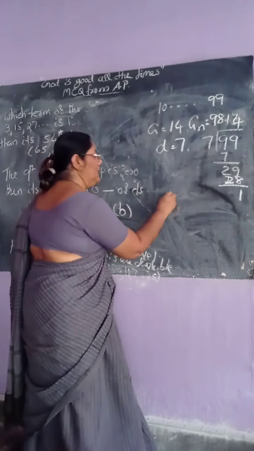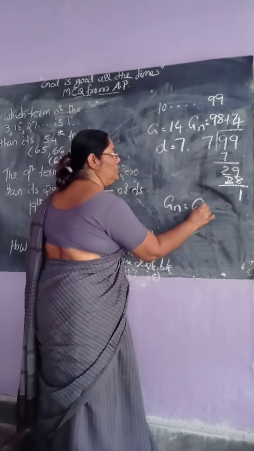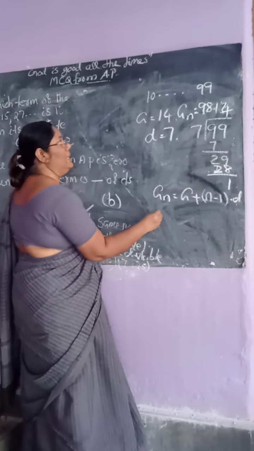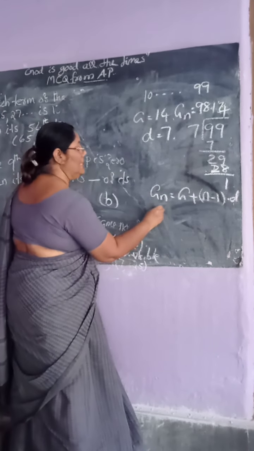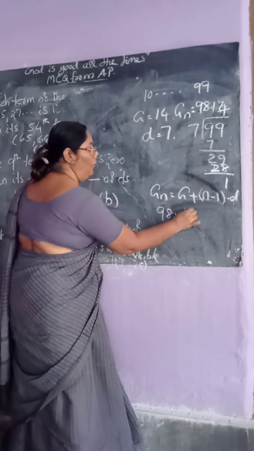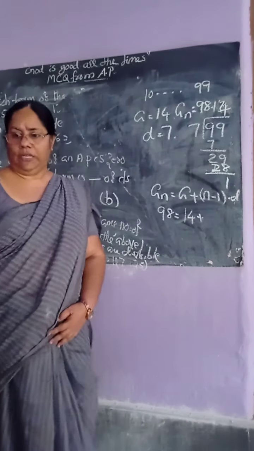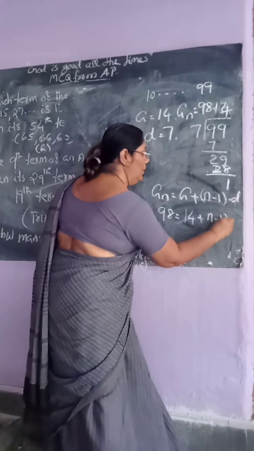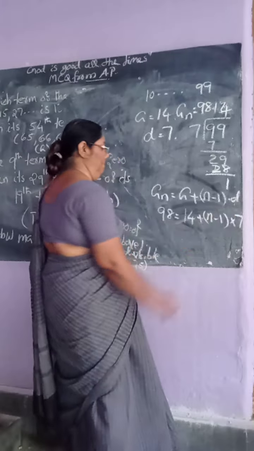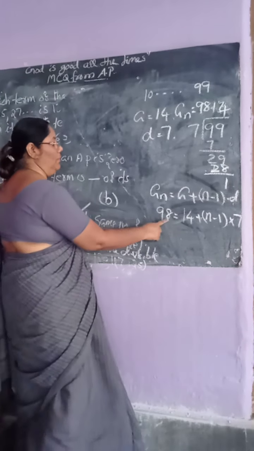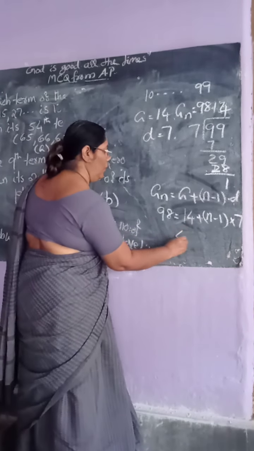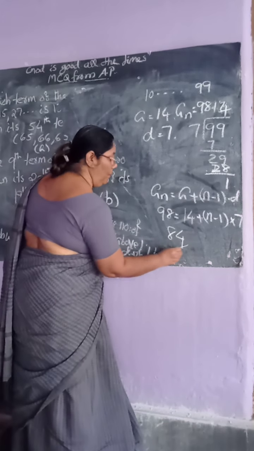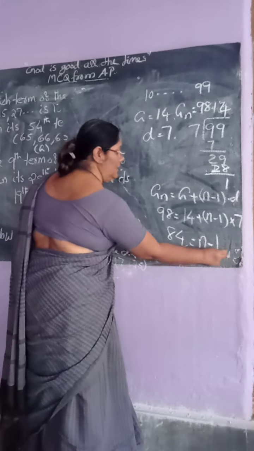Then you can write the formula AN is equal to A plus N minus 1 into D. 98 equal to 14 plus N minus 1 into 7. What is 98 minus 14? 84. 84 by 7 equal to N minus 1.